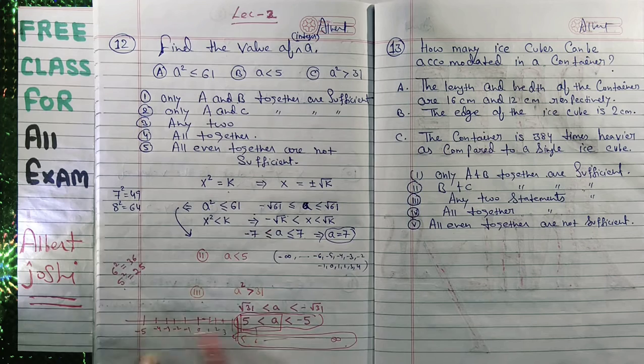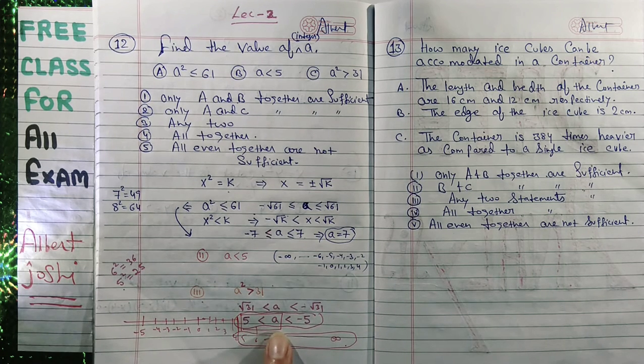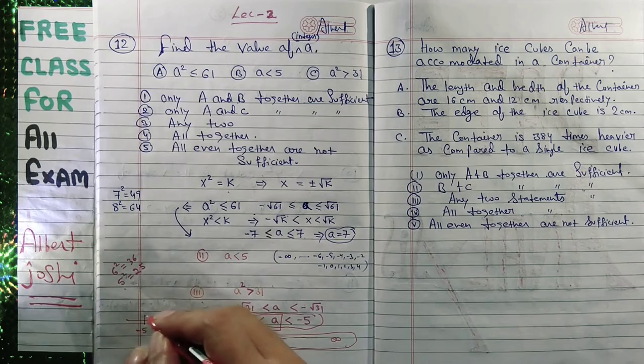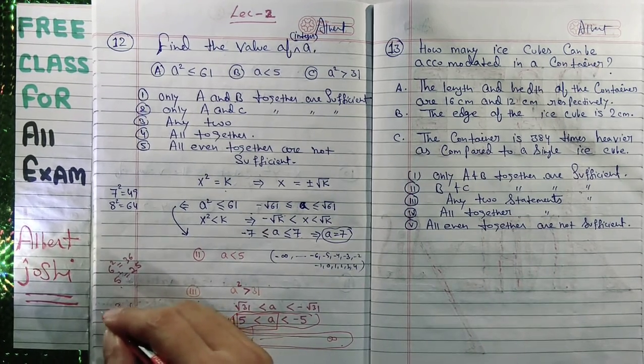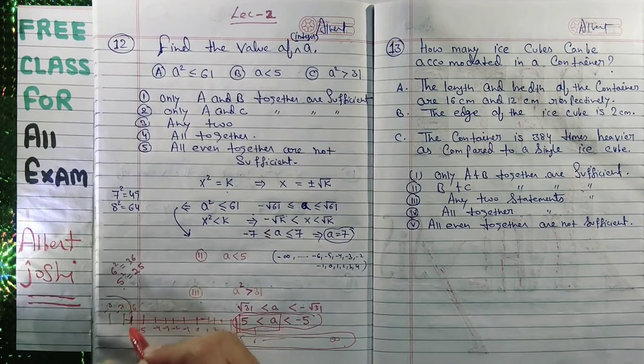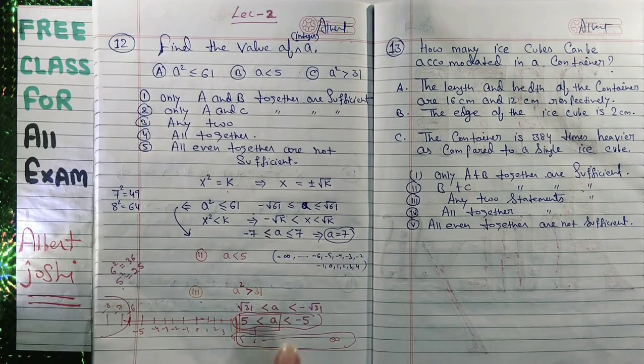And a is less than -5 means -6, -7, -8 and so on. So this interval and this interval, that is the meaning of these intervals.